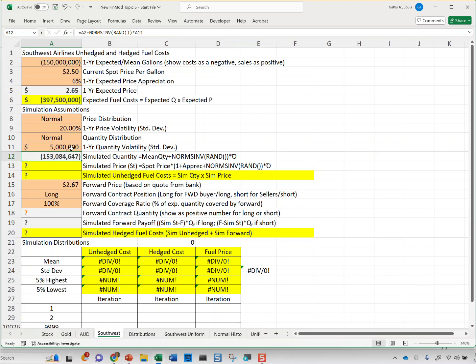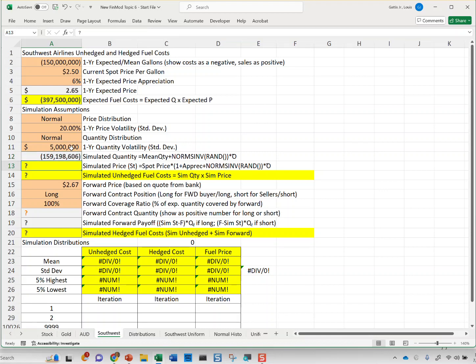Now every time I hit F9, you're always getting a number around 150 million, maybe between 130 to 170 million roughly. So you can kind of see that's the random distribution. If I were to graph all these numbers, you would get a normal bell-shaped distribution centered around 150, and 68% of the time is plus or minus 1 standard deviation. So it would be around 145 to 155. So you can see a lot of numbers between 145 and 155.